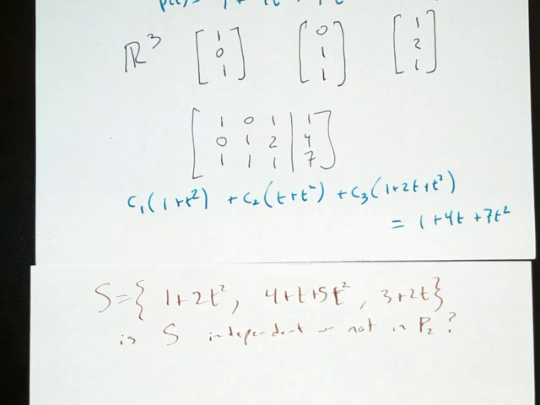You've never talked about independent polynomials. You've only talked about independent vectors. Oh, okay. Turn these polynomials into vectors in R3. What columns do you get when you do that?